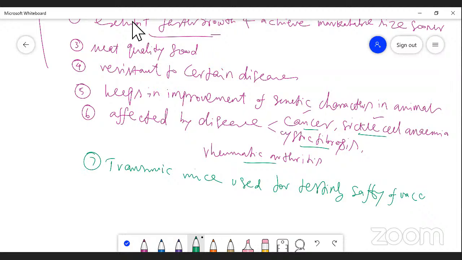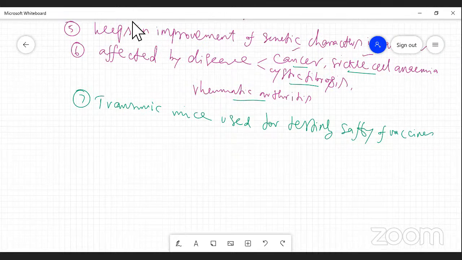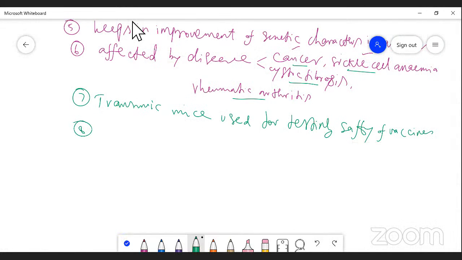That's a very important use. Transgenic animals are important for improving quality. Most of the transgenic organisms improve the quality of products.